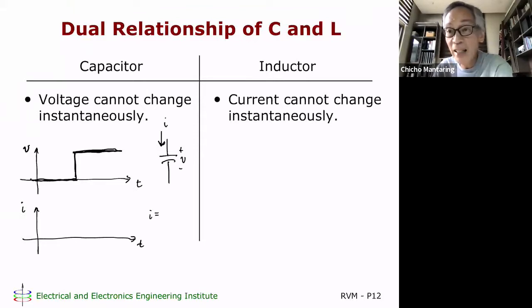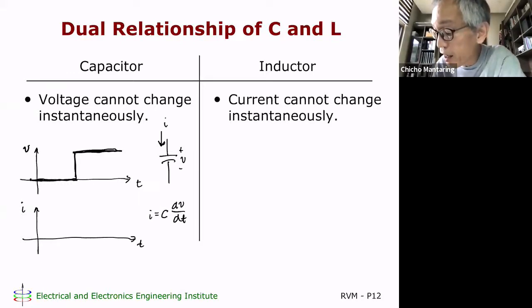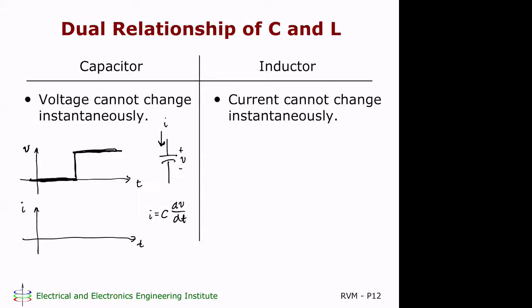I is equal to what? C dv dt. What is dv dt here? Anong value ng dv dt dito? Anyone? That's 0 po. 0, right?